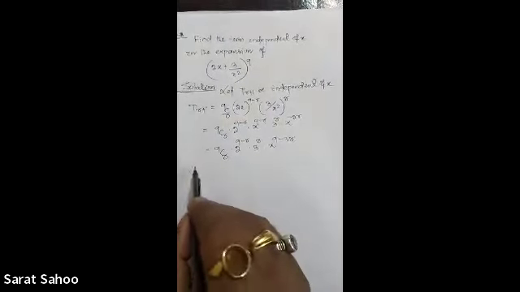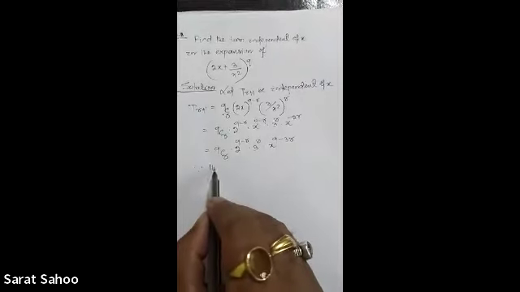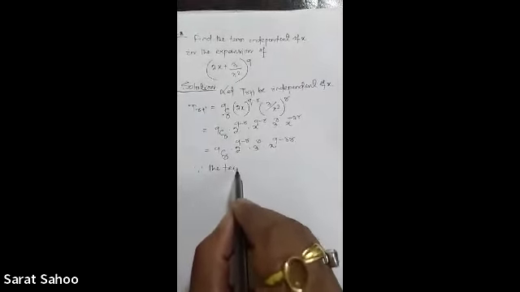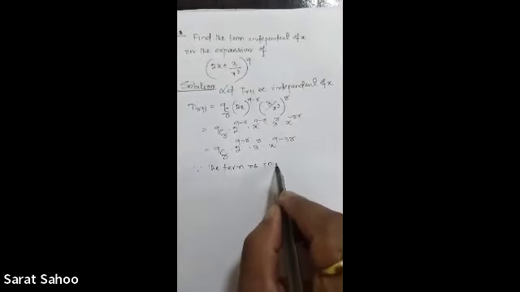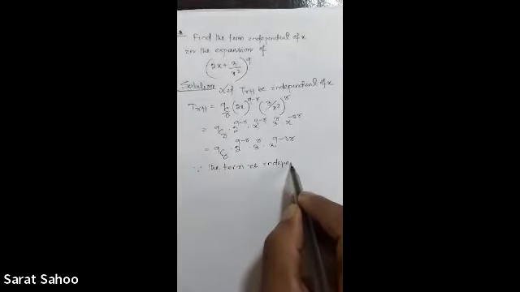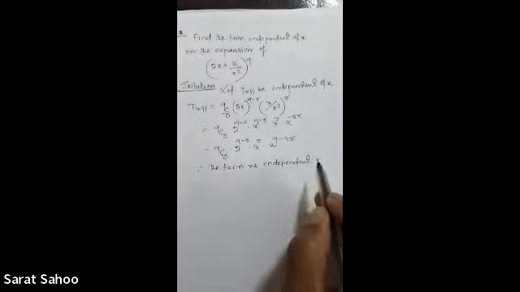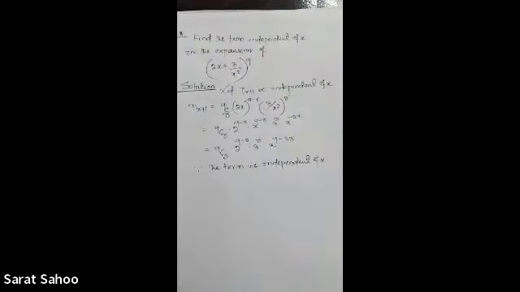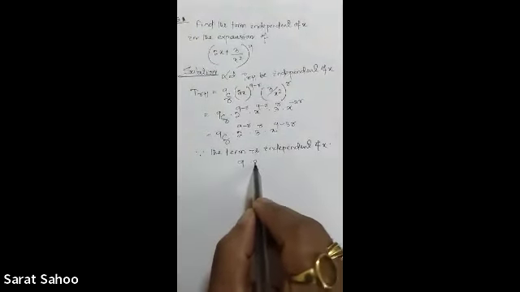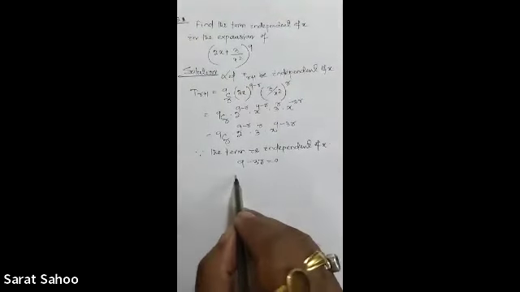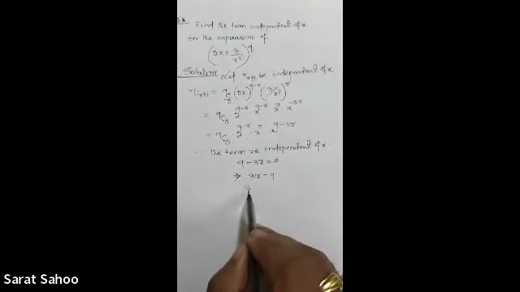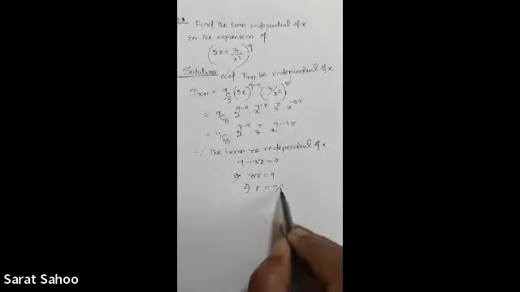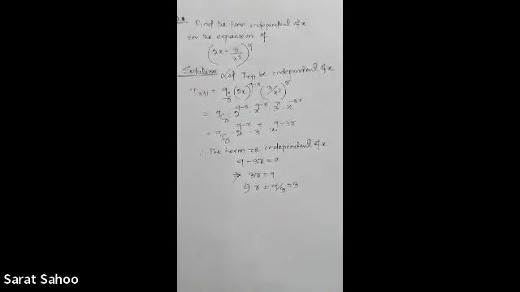Since the term is independent of x, the power of x will be 0. 9 minus 3r is equal to 0. 3r is equal to 9. r is equal to 9 upon 3, which is equal to 3.